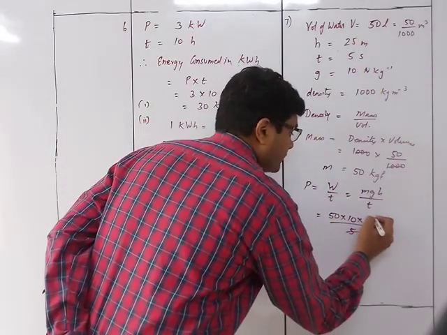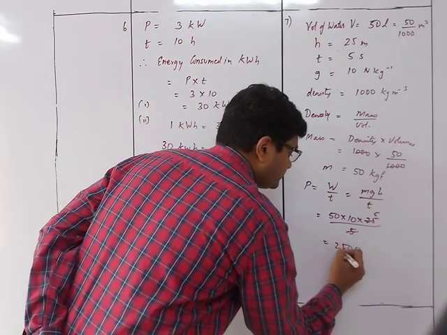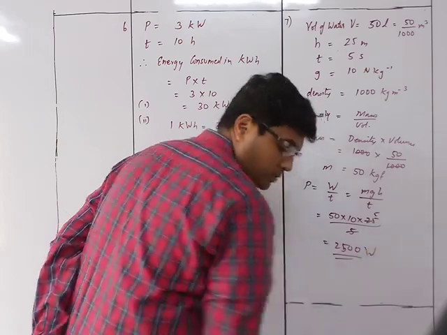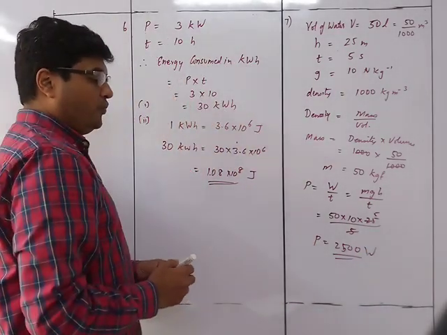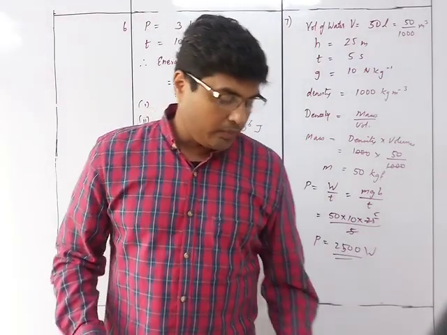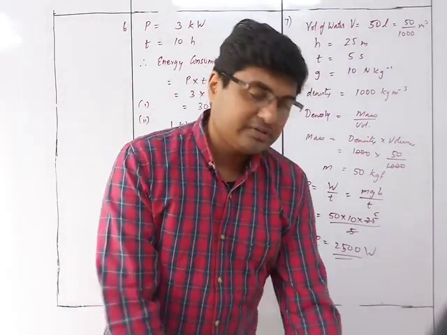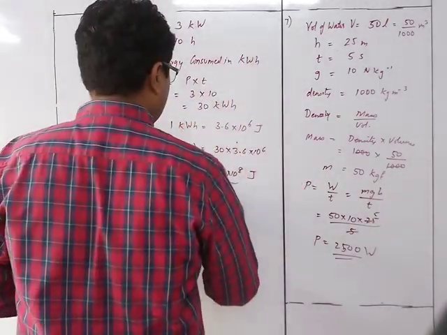So 5 5s are 25, so this will be 2500 watt. So the power will be 2500 watt in case of sum number 7. We move on to sum number 8 now.